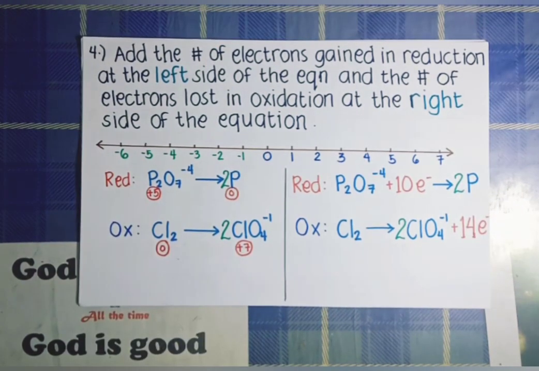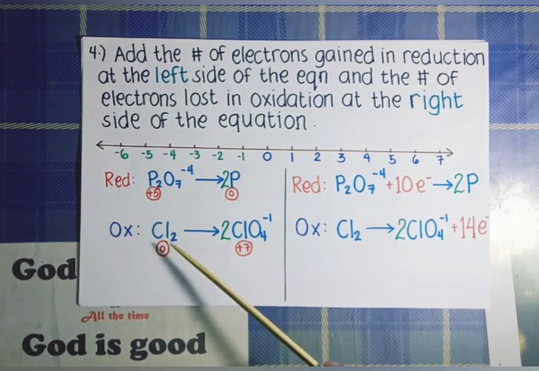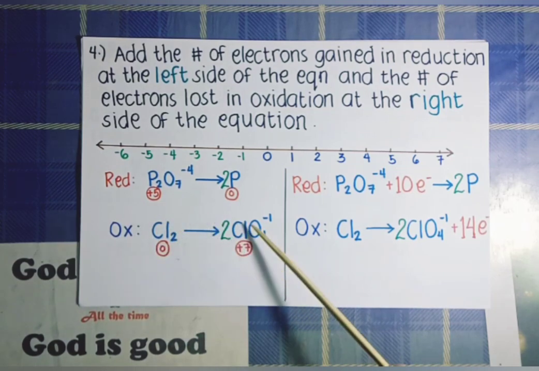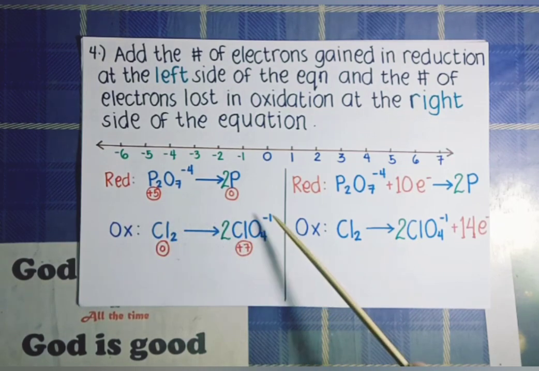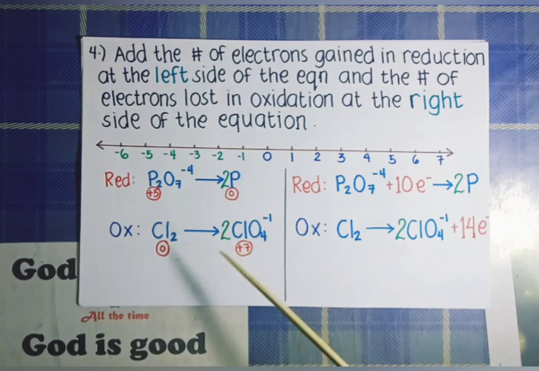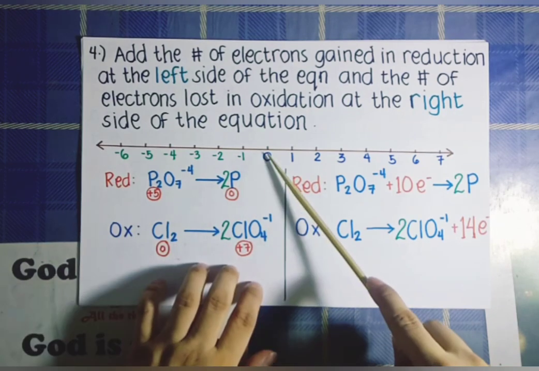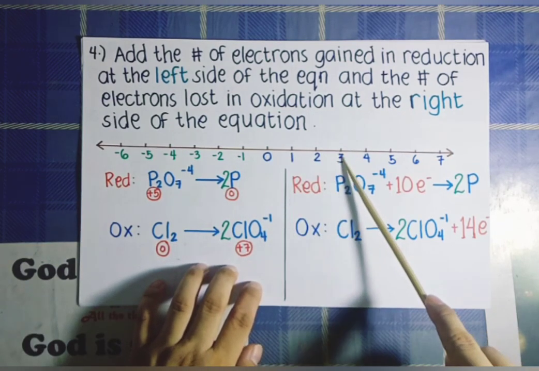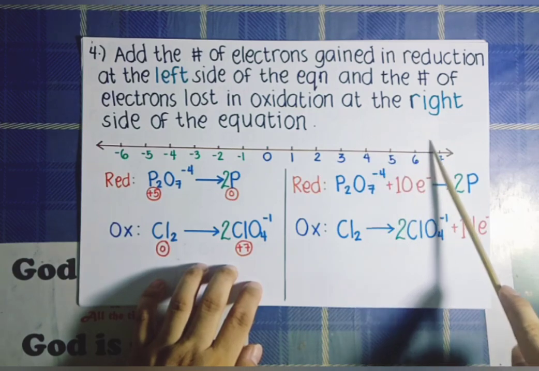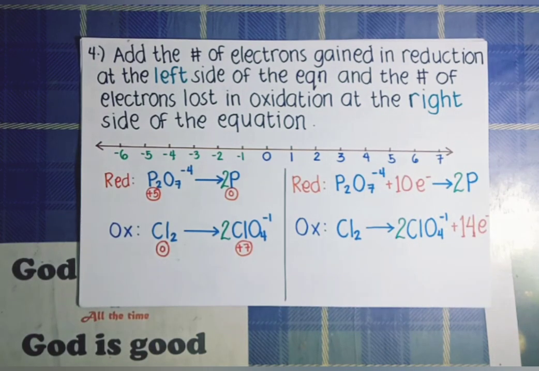Now, for oxidation, again, the one that underwent oxidation is the chlorine gas. From 0, it turned into chlorine with a charge of positive 7 in perchlorate ion. Now, the question is, how many electrons did it lose? Again, from 0 to positive 7, that's 1, 2, 3, 4, 5, 6, 7. 7 electrons.